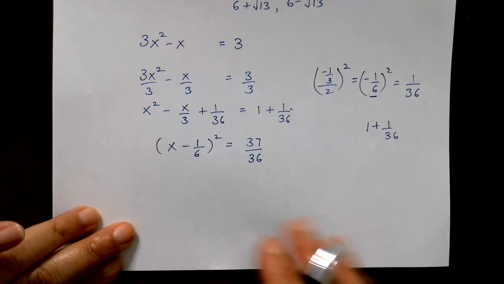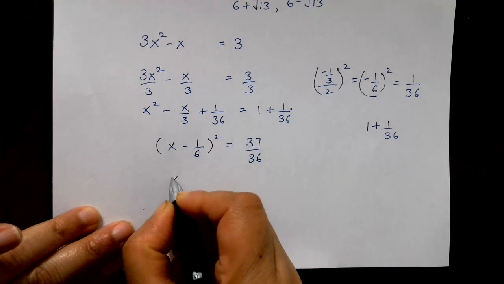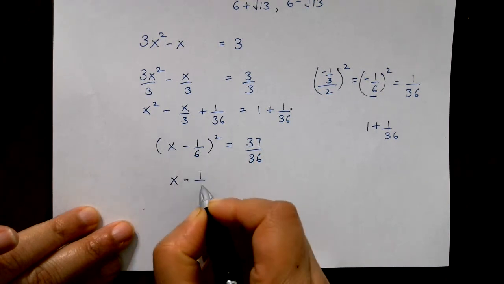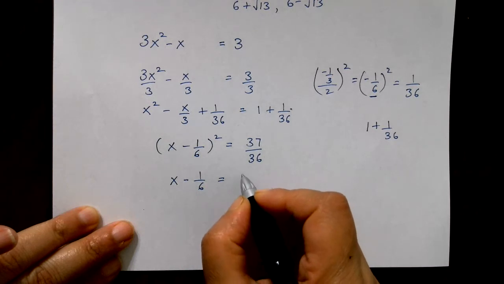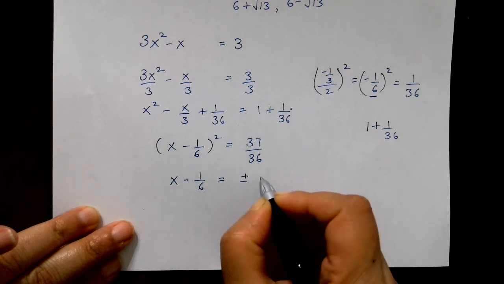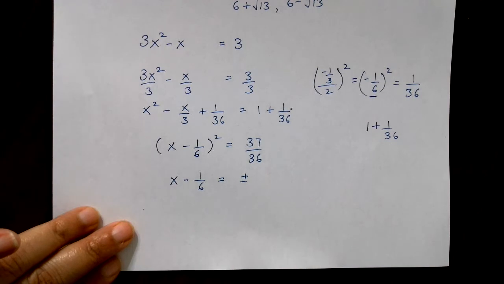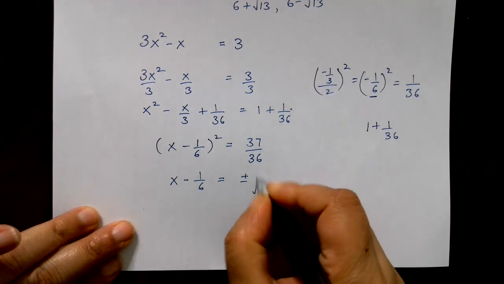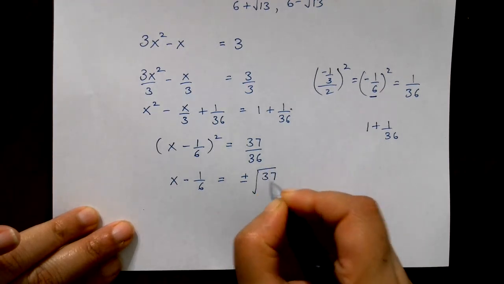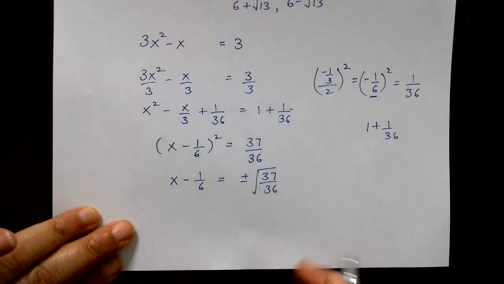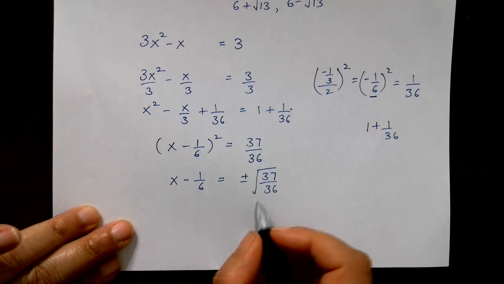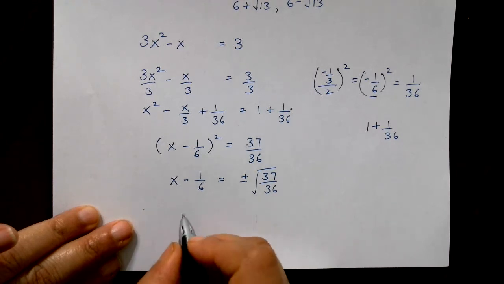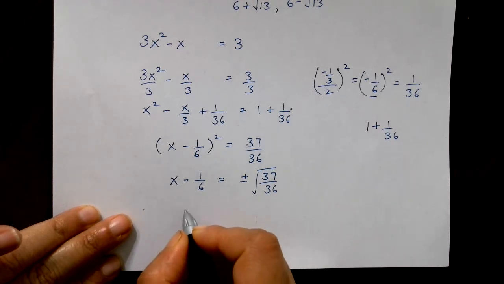Now we'll take the square root on both sides. That gives us x minus 1/6 equals plus or minus the square root of 37 over 36. So the denominator is a perfect square. We can say the square root of 36 is 6. And we'll add 1/6 to both sides.